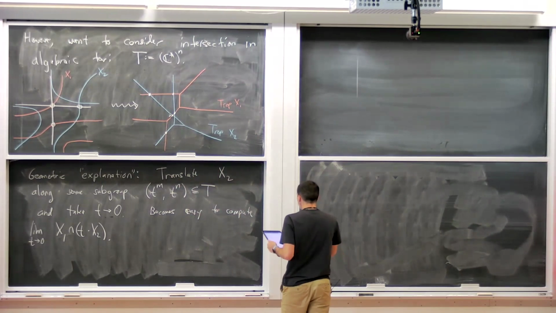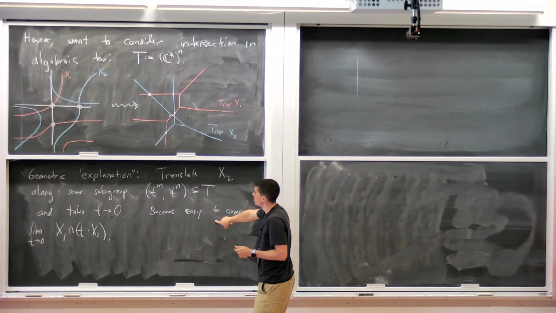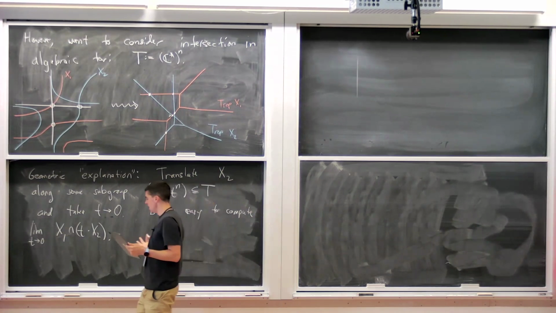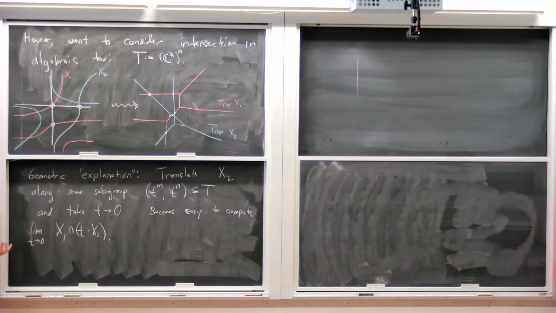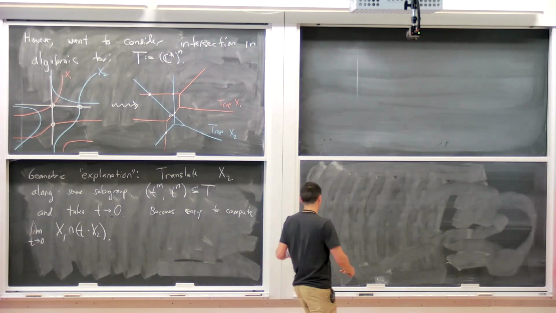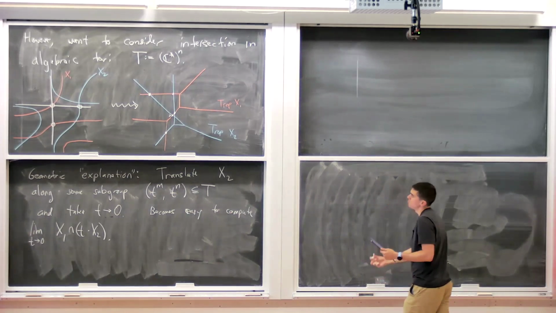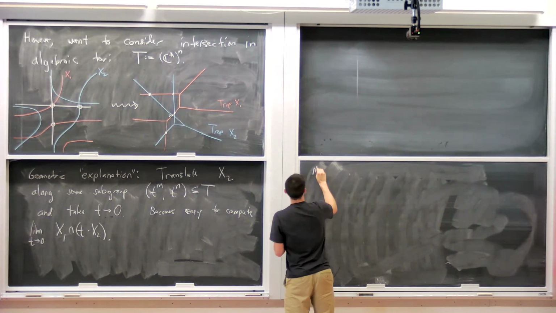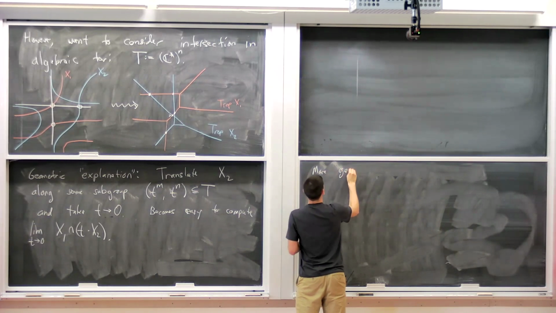Okay. I want to say something that's just very slightly more general than this, because a lot of the interesting intersection problems that we want to study are not happening in a torus. Maybe they're happening in something like M_{g,n} bar, something that is more complicated. And there's a more general version of this.